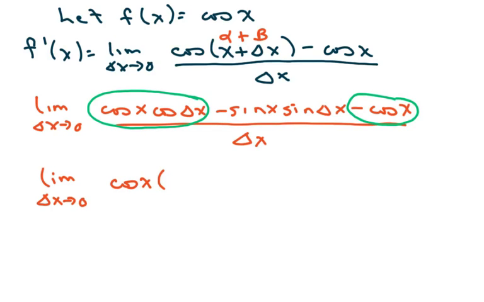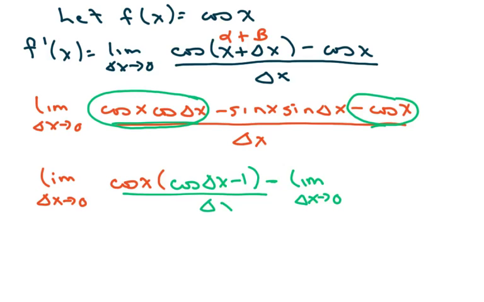So that's going to be cosine of x times cosine of delta x minus 1. If you FOIL this back, you'll get that and that. And then I'm going to subtract and use my difference properties and take the limit. I'm going to split this up, and this is all over delta x, by the way.